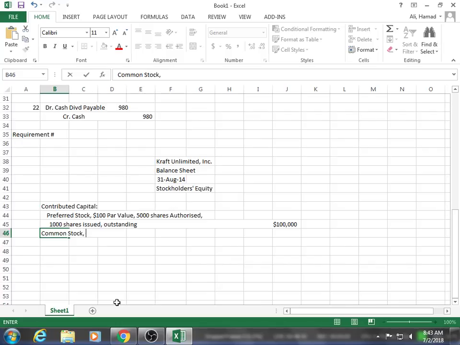All right, what is the par value of the common stock? It is a no par, correct? No par, but it has a stated value of $5. So it has a $5 stated value.